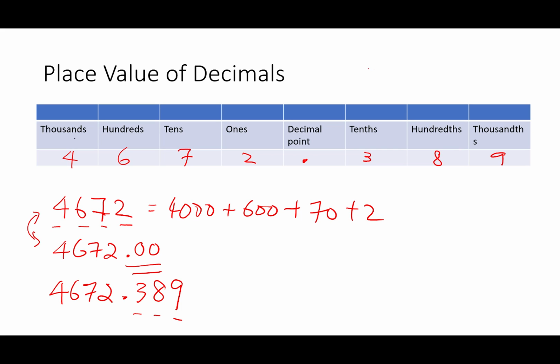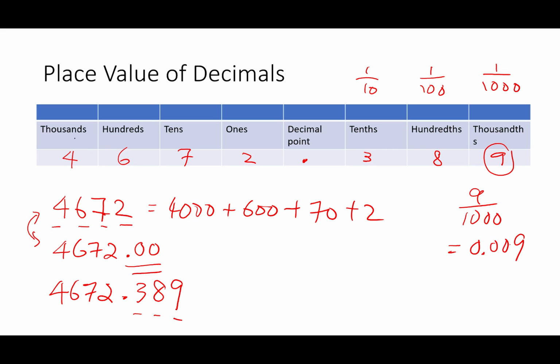So this one here means 1 over 10, 1 over 100, 1 over 1000. So 9 here means I have 9 parts out of 1000. That means I have 0.009. If you see the position of the decimal, the 9 here is 0.009. So that is the meaning.